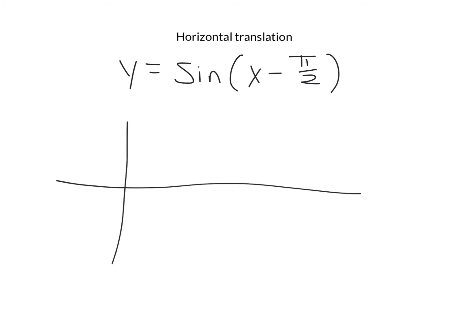Sine once again. The starting point would be 0, 0, but we shifted over pi over 2, right? So the new 0, 0 is going to be at pi over 2 right there, right? Originally, pi over 2 was 1, right? So now it's shifted over 1 unit, so it's at pi. And then it went back down, originally at pi, but now it's at 3 pi over 2 because it's shifted to the right pi over 2.